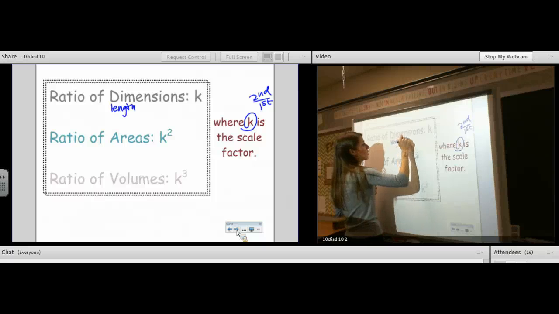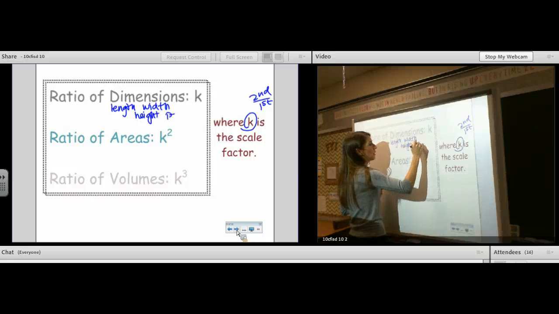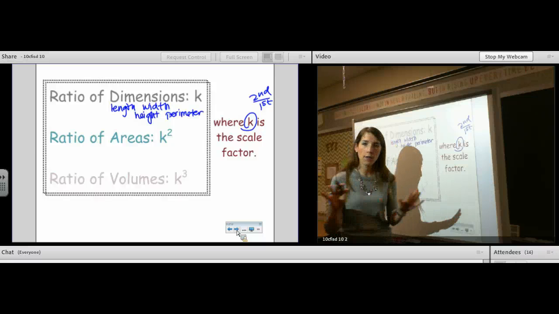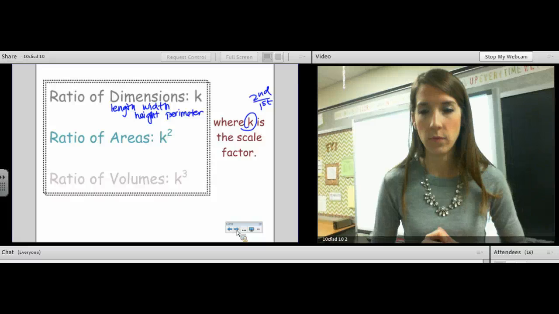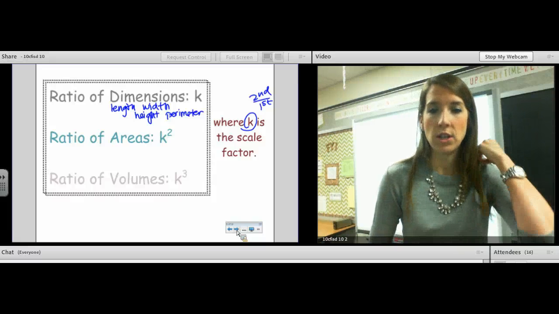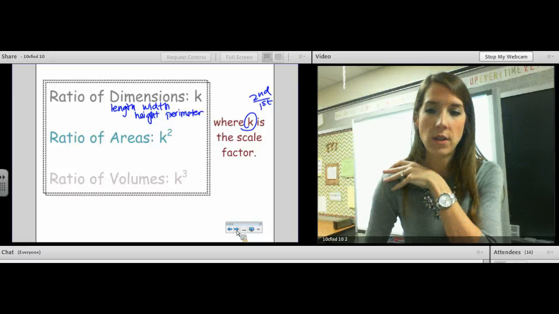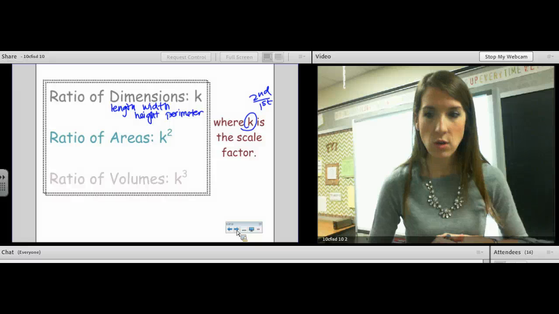Length, width, height, even perimeter falls in this category. All of those are one dimension, 1D. So they all fall in the category of just the scale factor. The ratio of the areas, you take the scale factor and you square it. And the ratio of the volumes, you take the scale factor and you cube it.